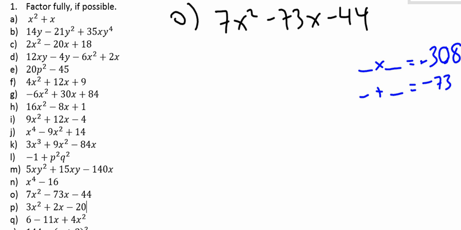So this is definitely an opportunity to break it down. 1 and 308. 2, 308 divided by 2 is 154. 3 doesn't work. 4 is 77.